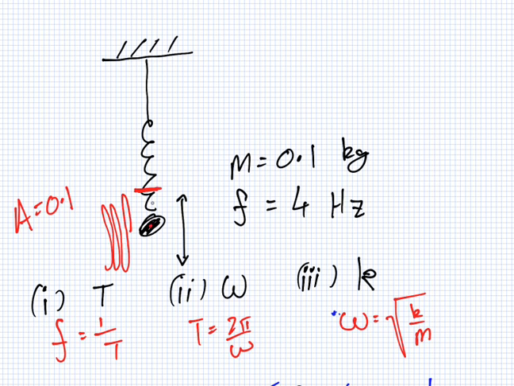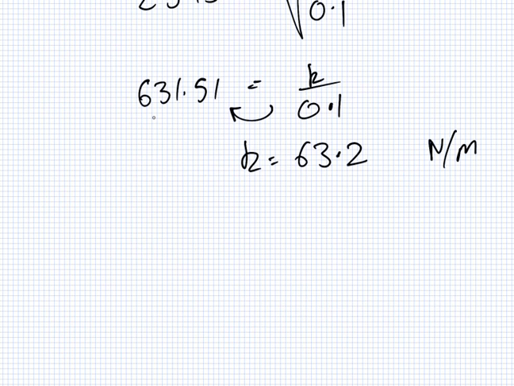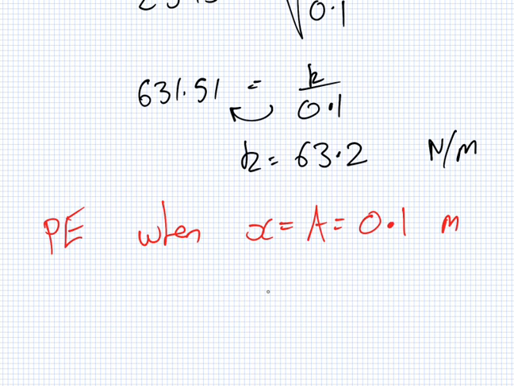So when the spring is here, can you imagine, it is compressed? So there's energy stored inside of it. So my question is, what's the potential energy when the x is equal to the A, which is equal to 0.1 meters?